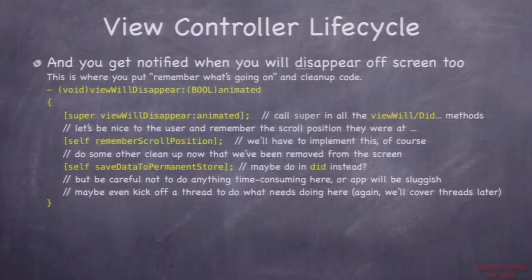You're not on screen, stop it. You'll get viewWillAppear when you go back and you can sync back up to the world, but after you disappear, you kind of want to lay low, in terms of memory usage and certainly CPU. You don't want to be using CPU. So this is a good place to do stuff like that, and to maybe remember state that you're going to restore in viewWillAppear again, whatever, kind of what you might think.